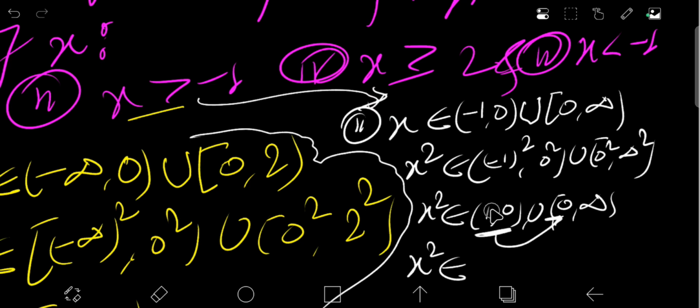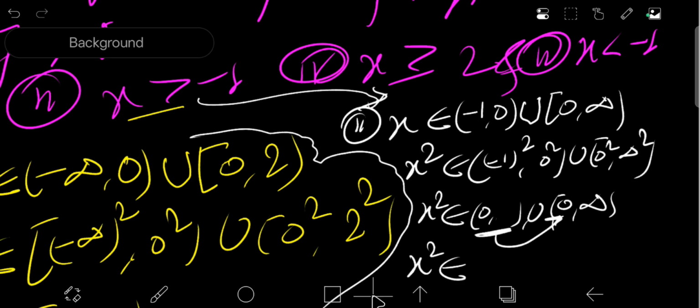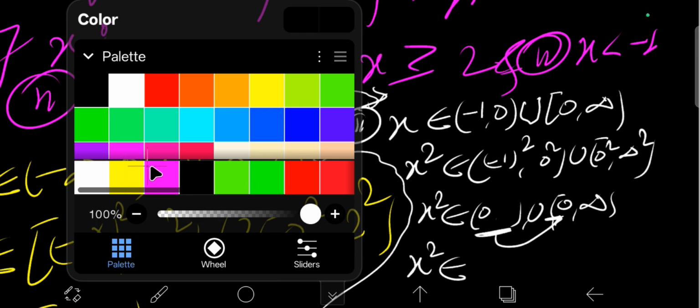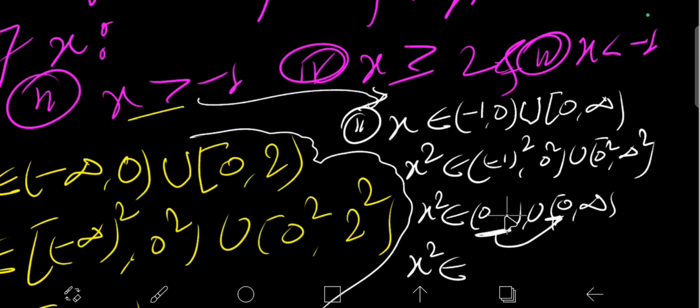We write it not as 1 to 0, because the starting number should be the smallest number, and this is the correct method. So this one is also included in this interval. So the final solution is we write 0 to infinity.